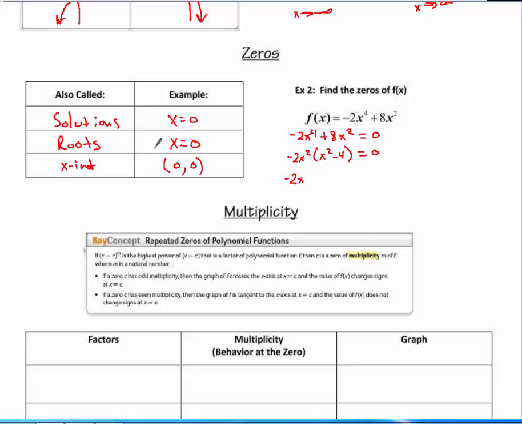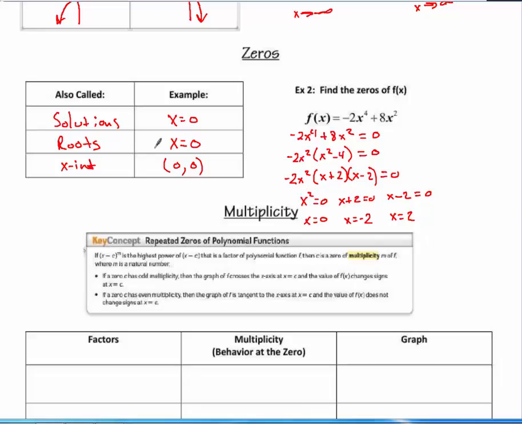And we keep going, negative 2x squared times x plus 2, x minus 2, and then we can also divide both sides by negative 2, and that would make this negative 2 go away. So now we'll have x squared equals 0, x plus 2 equals 0, x minus 2 equals 0. So our zeros are x equals 0, x equals negative 2, and x equals 2.